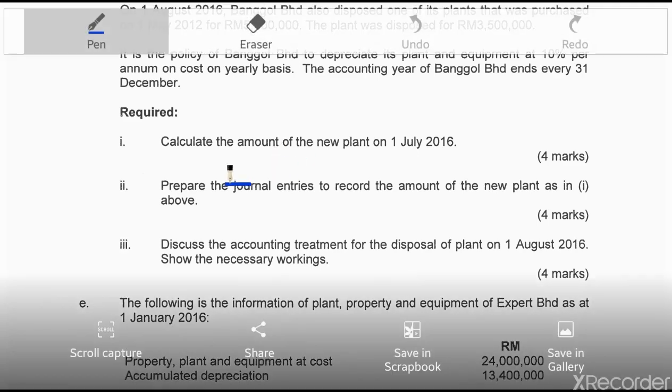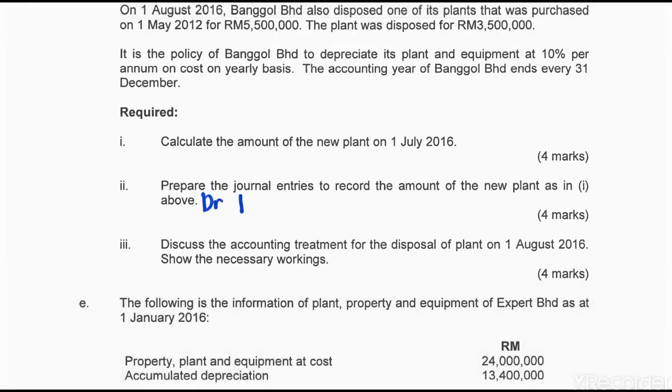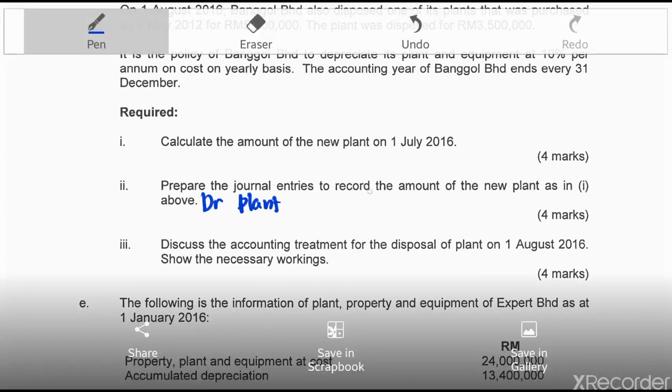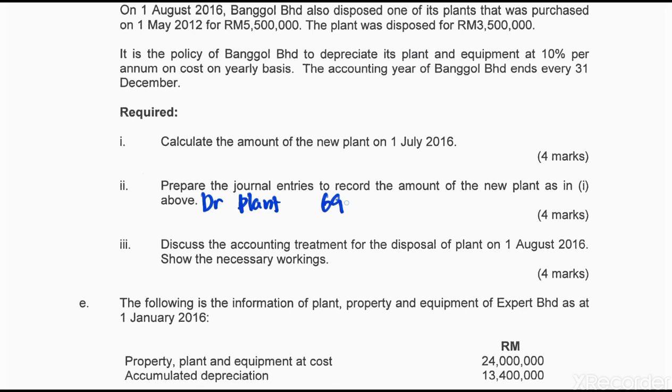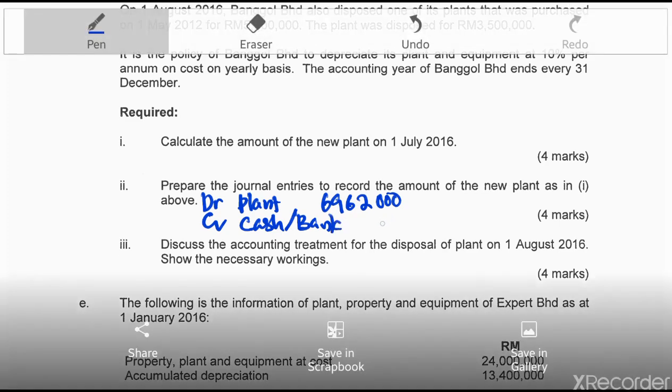For the journal entries, since what you are purchasing is a plant, debit plant, and the amount was just now we calculated 9.962 million. So you are going to credit cash or bank for the one that was paid in cash. Remember the first installment together with those attributable costs.